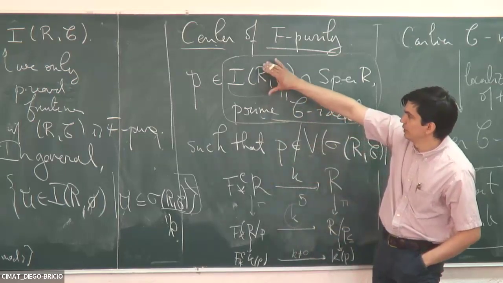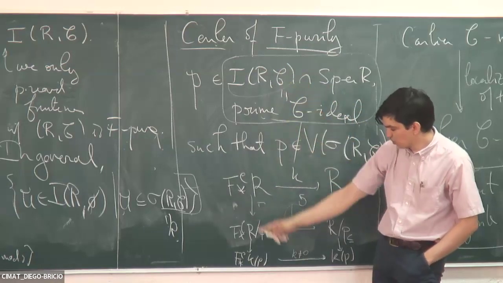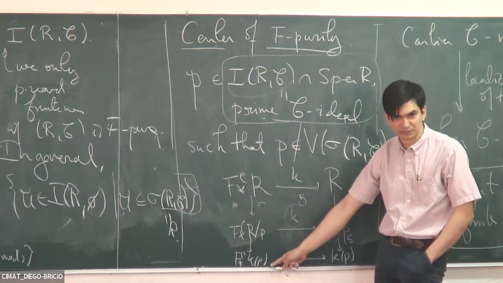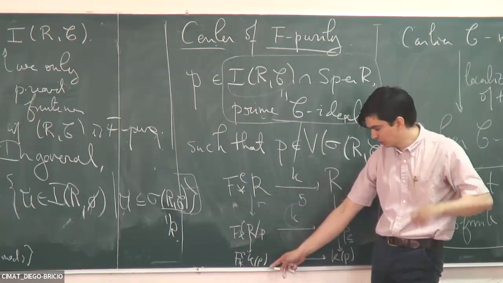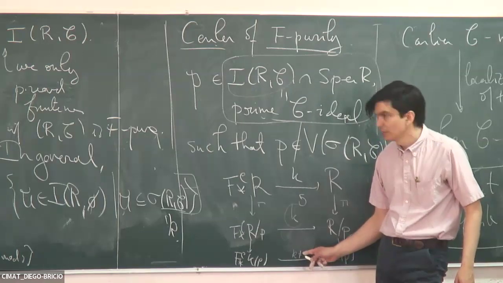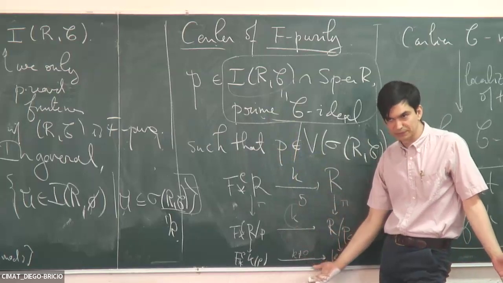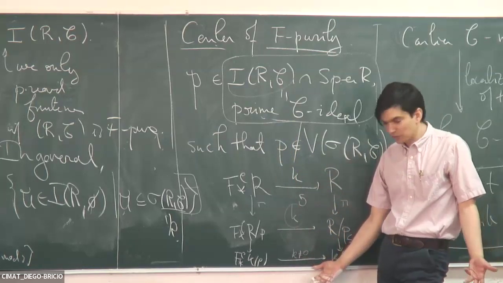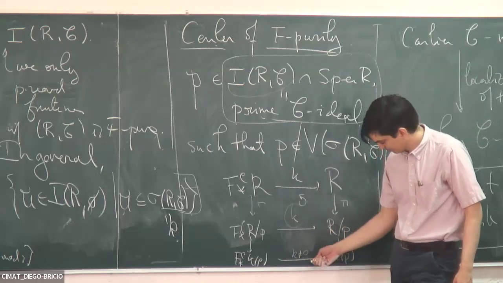So let me reiterate. Being a C ideal means that you can go all the way to the residue field. But the center of purity condition means that this map is not zero. If the pair were F-pure, this would be non-zero automatically. But otherwise, that's what you're looking for.